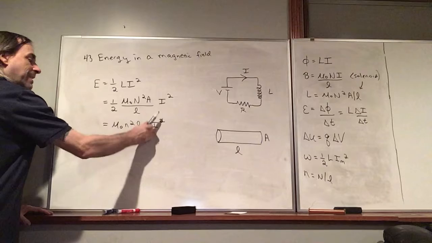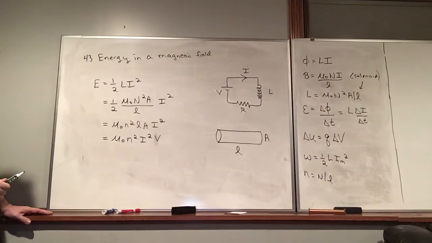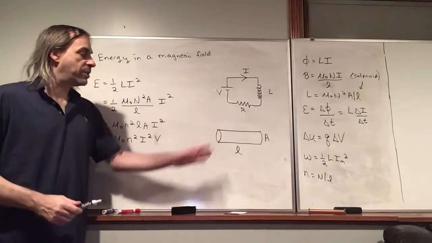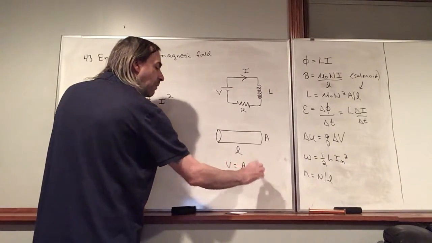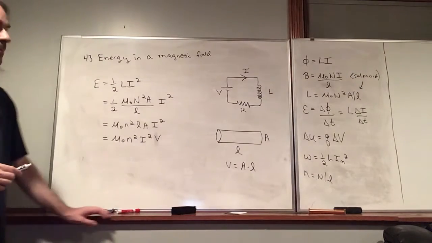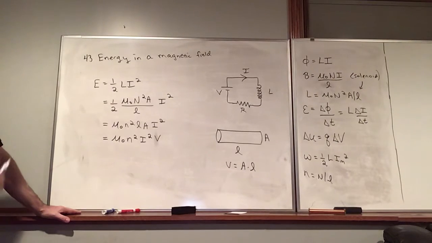We don't need parentheses here. Let's say V is the volume of the solenoid, which would just be the length times the cross-section area. And so V is the volume. Don't mistake that for voltage.